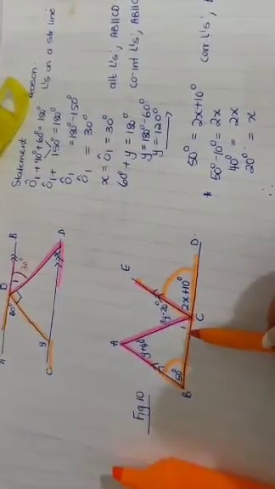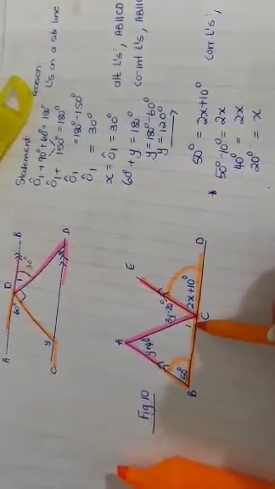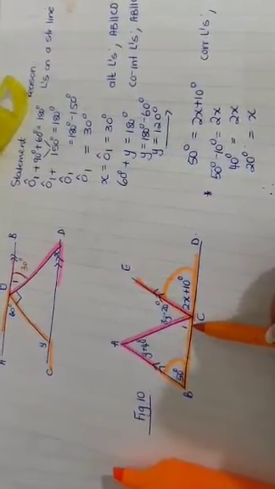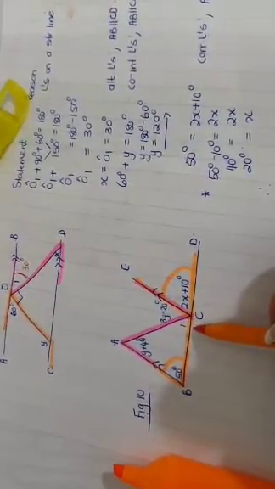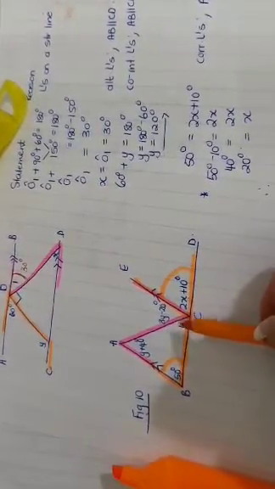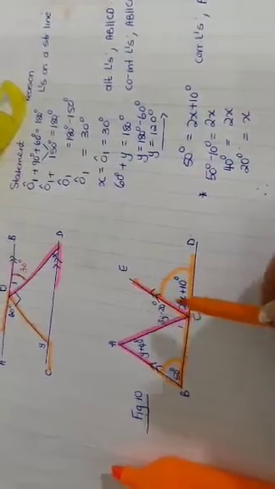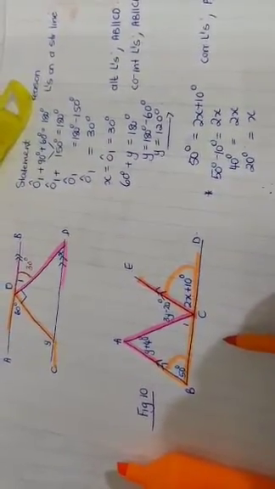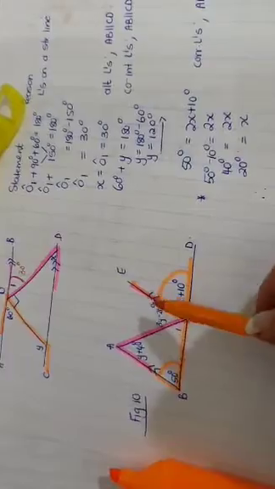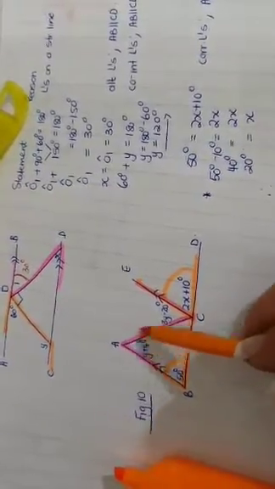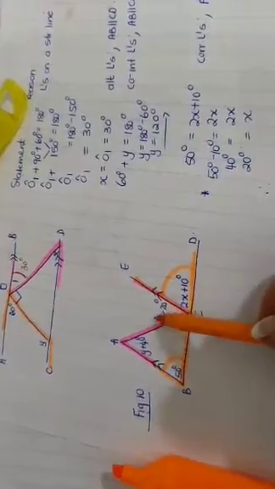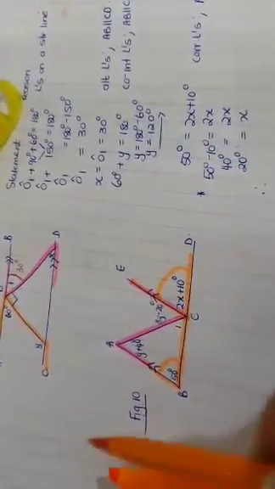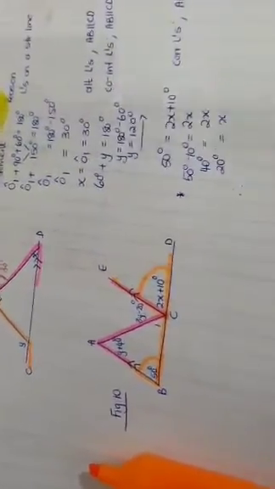Remember my first initial statement: when you make a geometry equation, you may only solve for one letter at a time. And I cannot solve for C1 and y at the same time. So I've got to make an equation where I only have one letter. If you look at the Z that I've indicated, this angle's got a y, that angle's got a y. So I only have one letter to worry about.